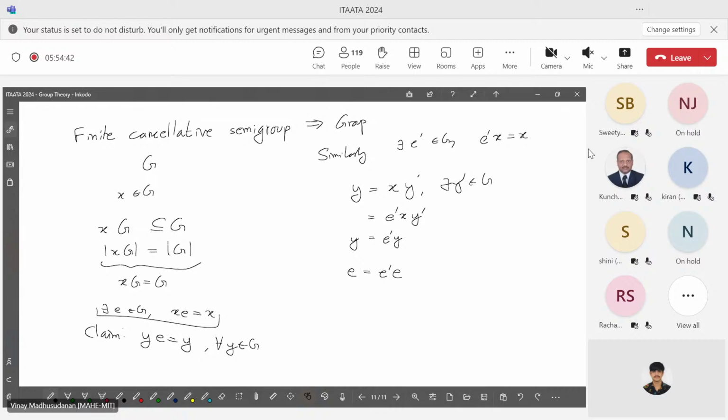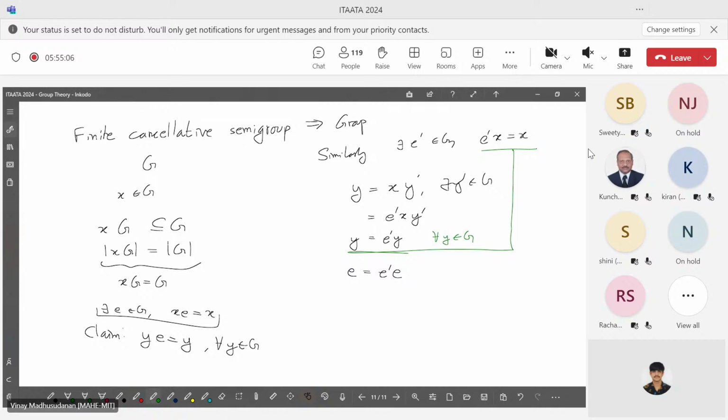Whatever argument we used here, what did we establish? That E prime x is equal to x. From there, whatever you did, without using E, just using E prime and x, we showed that this is true for all y.